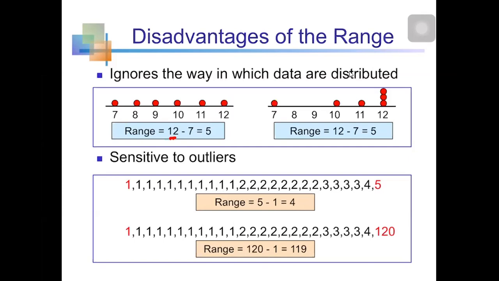So 120 minus 1 will be 119. So the range will be very high because of one single digit, which is the outlier. So range sometimes is appropriate to be used and sometimes it is not. But this is the simplest way to measure variation.